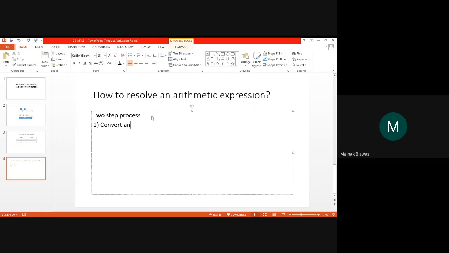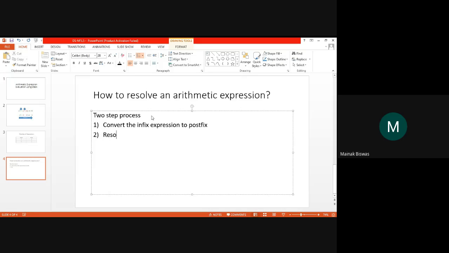Step number 1: convert the infix expression to postfix. What is step number 2?